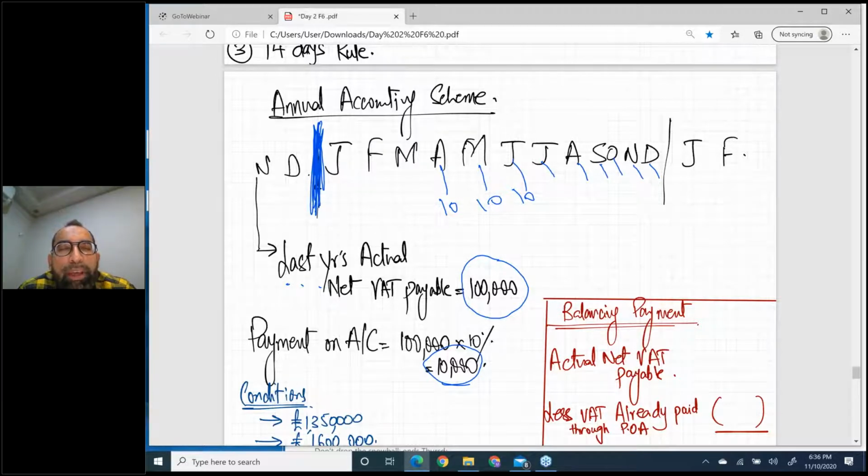From the 4th month you start paying POA, so the 4th month will be April. So April, May, June, July, August, September, October, November and December. Total 9 POA we have made.